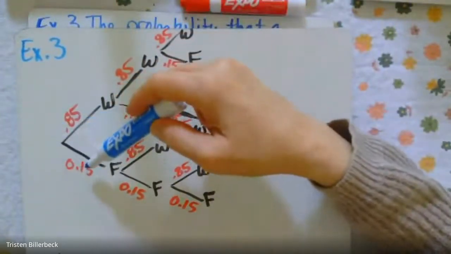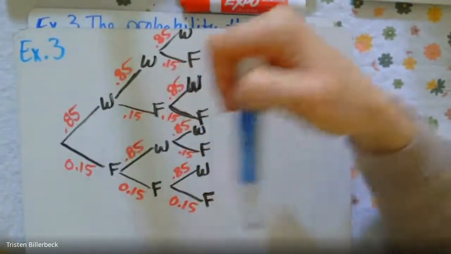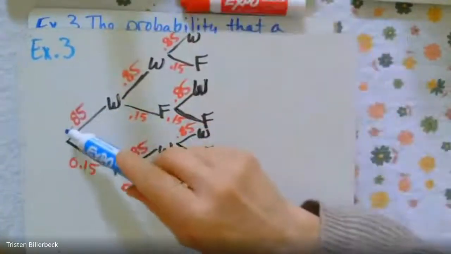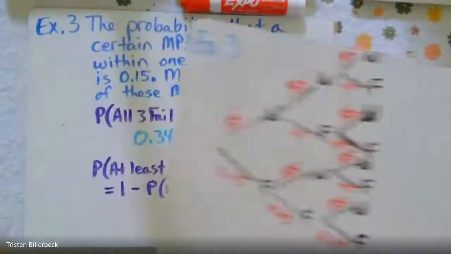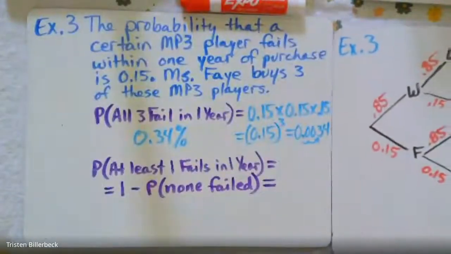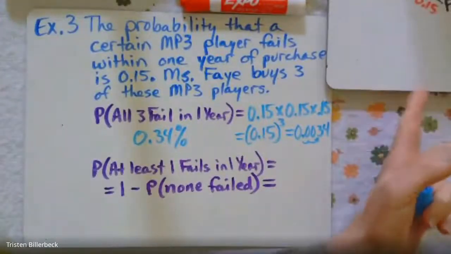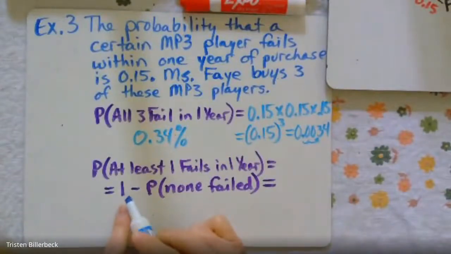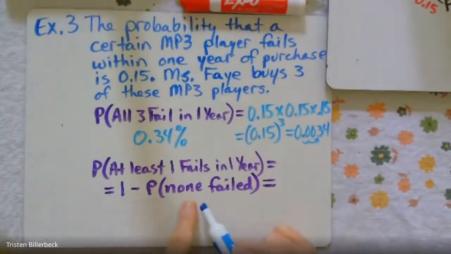And then we can't even go this way because that's starting out with a failure. So the only way we can go is that way with no failures. So what we want to do is 1 minus the probability of none failing, because everything else has at least 1 failure.